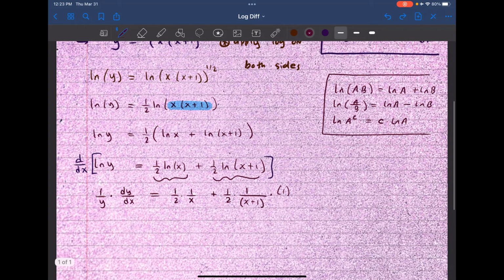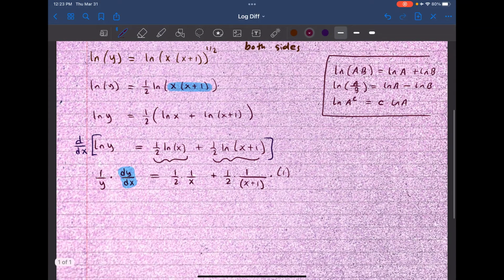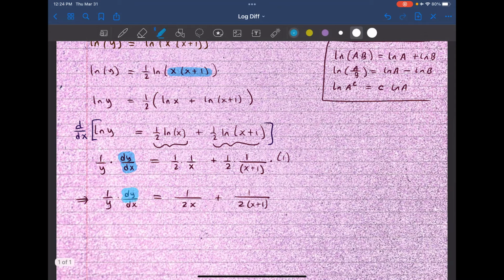And now just simplify that. We're solving for dy/dx, so I need to isolate that. Before I isolate, I'm just going to rewrite. So I have 1 over y times my derivative dy/dx equal to 1 over 2x, I can join them, plus 1 over 2 times x plus 1. Now I'm solving for dy/dx, the derivative.